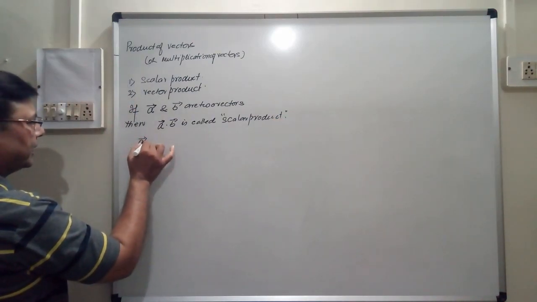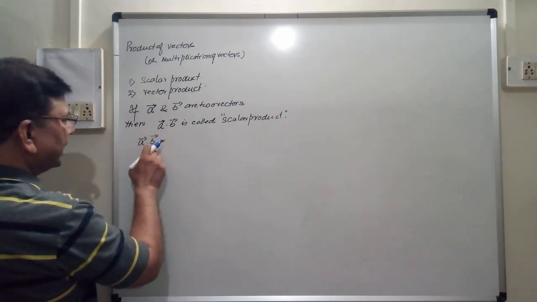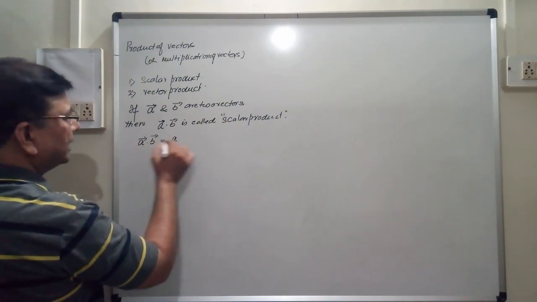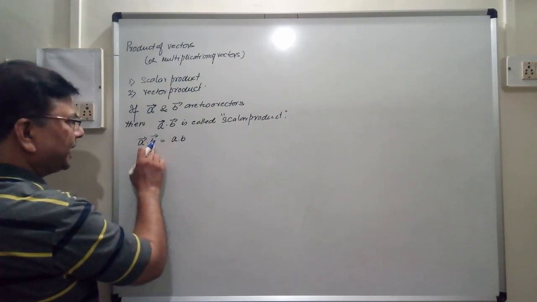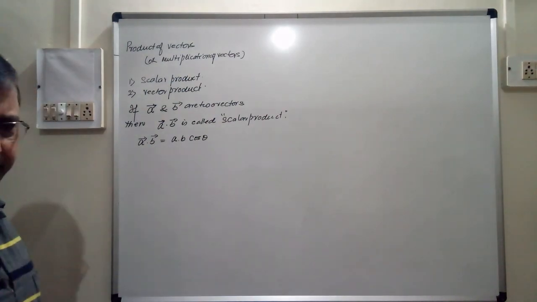A dot B, the basic definition of this: A and B are the vectors, where A is the magnitude of this vector and B is the magnitude of another vector B, and this is cos theta, right?